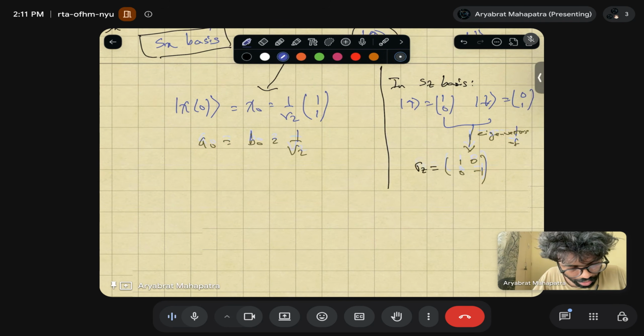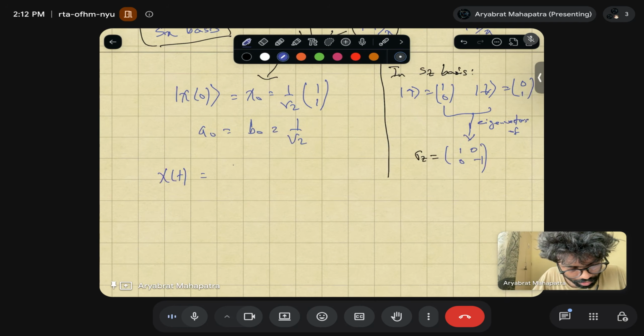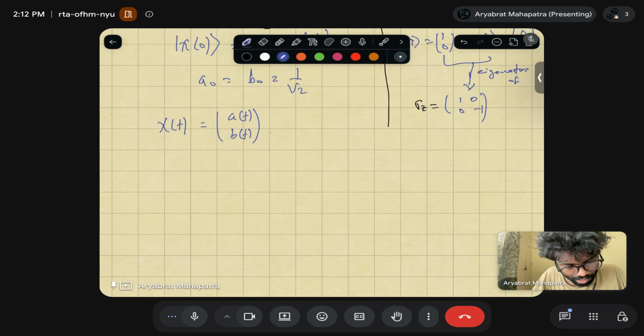Then your chi of t at some time t would be (a of t, b of t), and chi 0 is 1 over square root 2 times (1, 1).